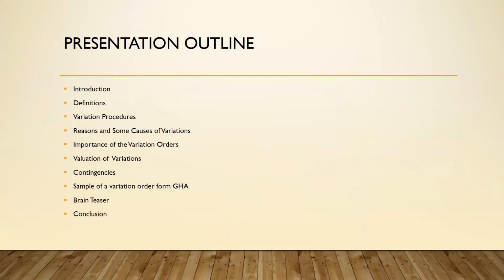We'll also be looking at the importance of variation orders, and we'll also look at how to value variations. That's valuation of variations. We'll touch a little on contingencies. And then I'll also show us a sample of the variation order form that we use in Ghana Highway Authority. And of course, there will be a brain teaser, and then I'll draw my conclusion.